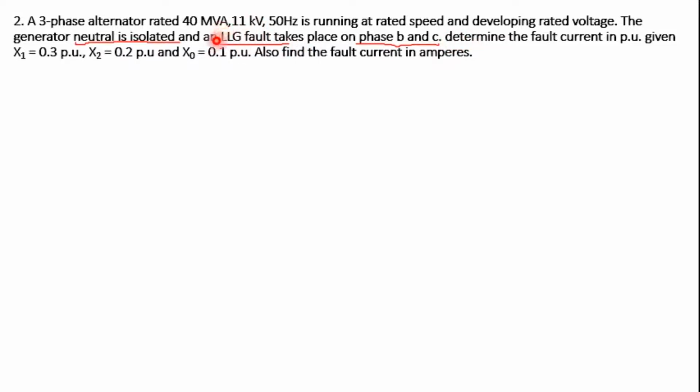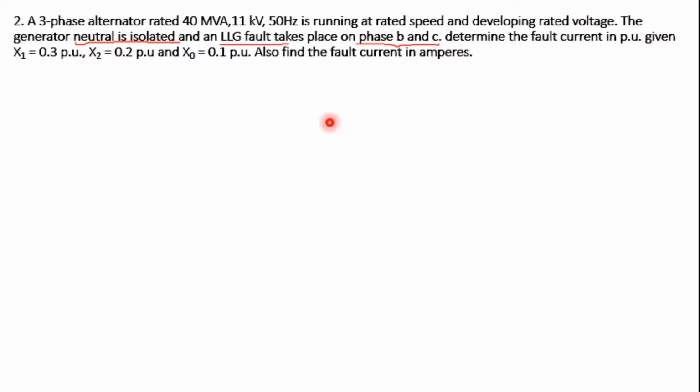Double line to ground fault. When we look into a double line to ground fault, you should imagine the sequence diagram and the expression for the fault current. We need to determine the fault current in per unit.